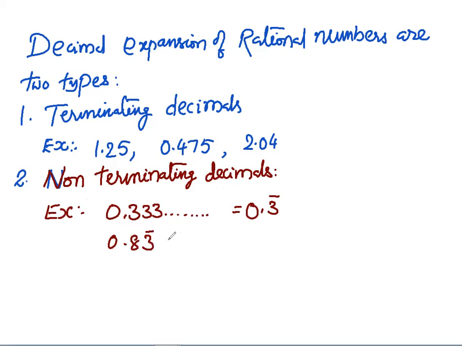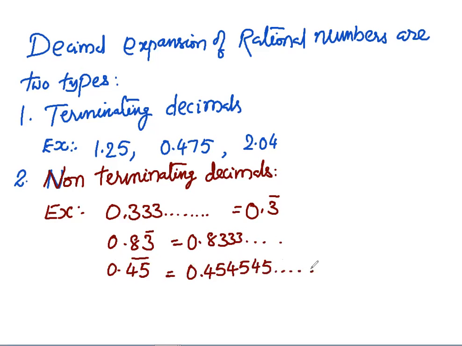That means 0.8333. Like this, 0.45 bar. That is 0.454545, 4, 5, and so on.